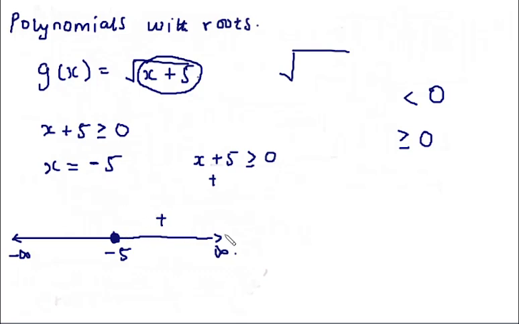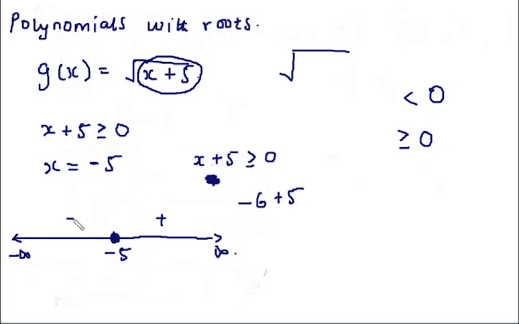All numbers here will give you a positive number, and it satisfies this inequality. So from minus 5 to negative infinity, we need to pick a number there. Let's say minus 6. So if you pick minus 6 here, minus 6 plus 5 is minus 1. So we have a negative number here, and that negative number would not satisfy this inequality.